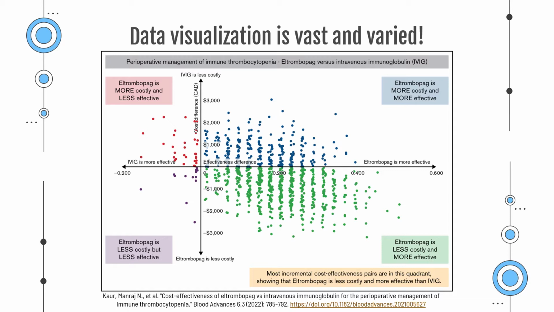As you can see from the graph and the various colors and text added to it, the data in this graph illustrate that L-tromopeg, which is the compound that the researchers were testing, is less costly and more effective than intravenous immunoglobulin.